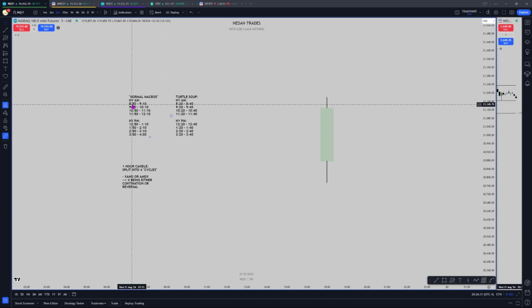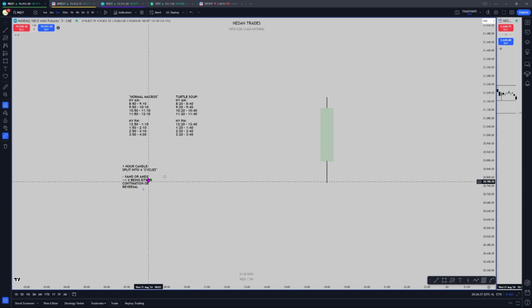Let's say the 8 o'clock 1 hour candle opens and you have an accumulation. You'd anticipate that from 8 o'clock to 8:15 would be your accumulation, 8:15 to 8:30 would be your manipulation, and then 8:30 to 8:45 would be your distribution, sorry.